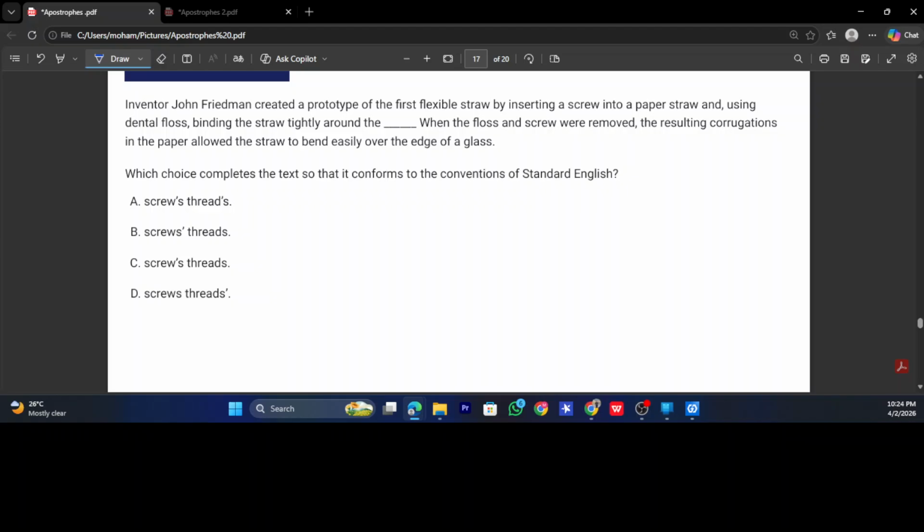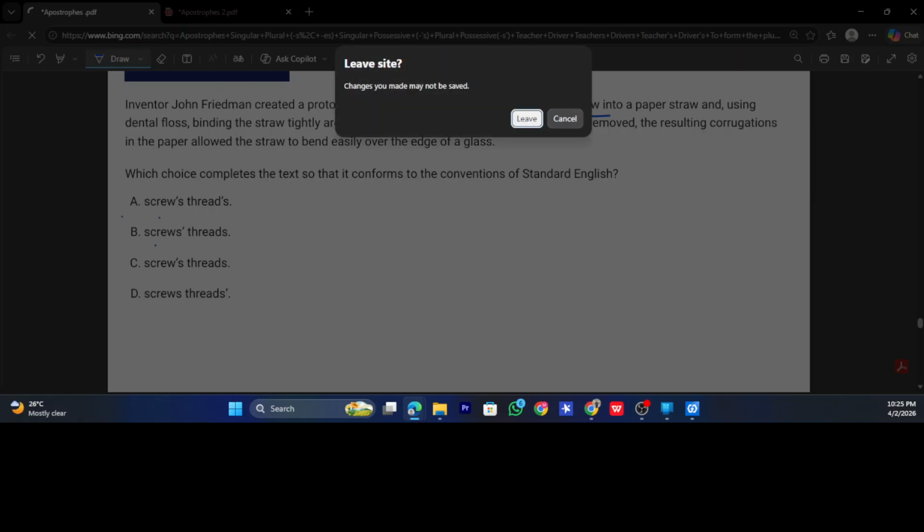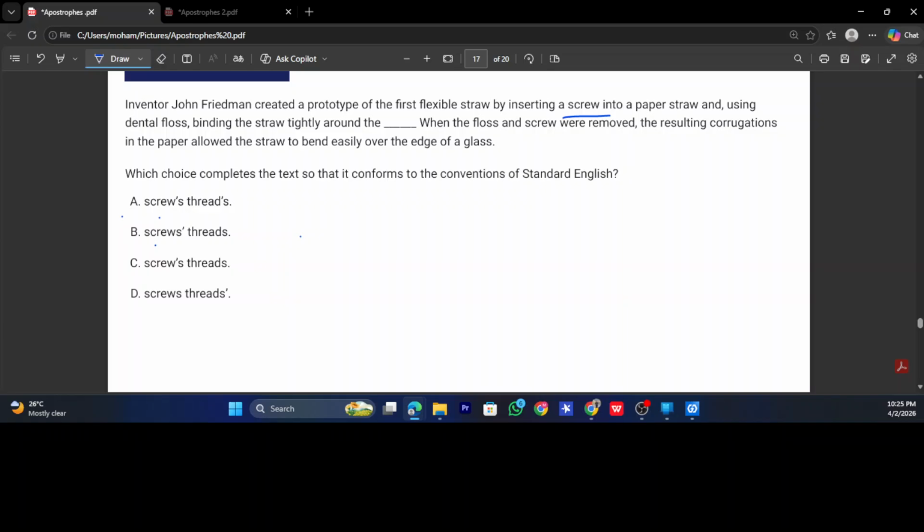So it's our words. So you need only a singular possessive noun. Singular possessive noun. Here only A and C. So first of all, cancel out B and also D. We need a singular.